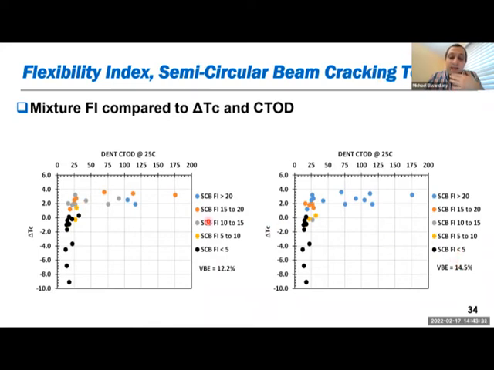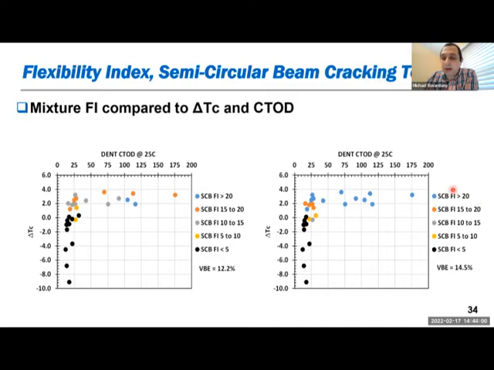What you can see here is that we decided to classify those binders depending on the flexibility index value. So flexibility index larger than 20, between 15 and 20, between 10 and 15. So every 5 values, you can see that falls in a different classification.